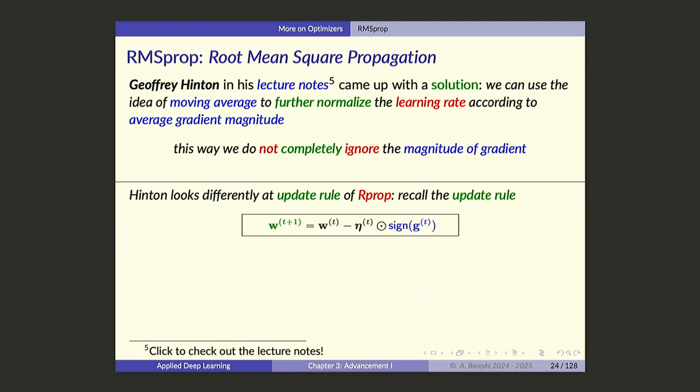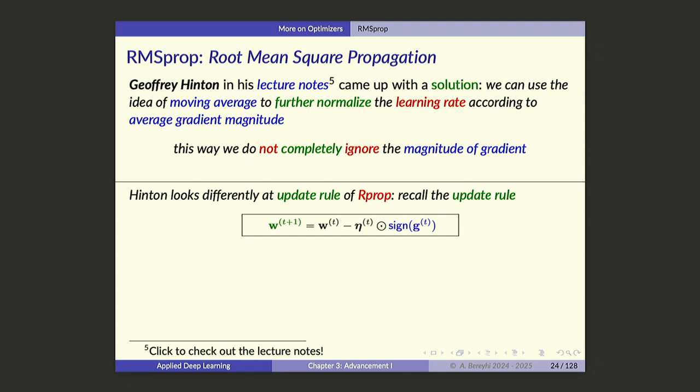He would say, I can write R prop in this form, right? The new weight is the previous weight minus learning rate times the sign of the gradient. And I just update that learning rate with this R prop approach, right? Is it correct? So I can simply write it down in this form. Everybody's clear? This is the same thing we did in R prop.